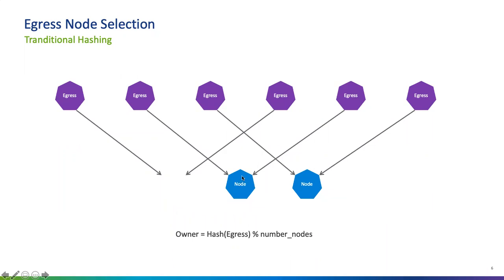So their mapping will likely change. For example, when this first node failed, the first four egresses will have to be remapped, because right now this egress will be mapped to the second node, and this egress will be mapped to the third node, and the third egress will be mapped to the second node, and the fourth egress will be mapped to the third node.